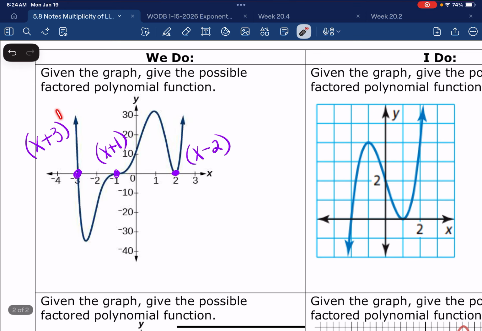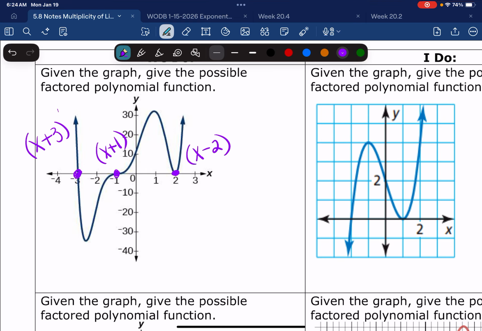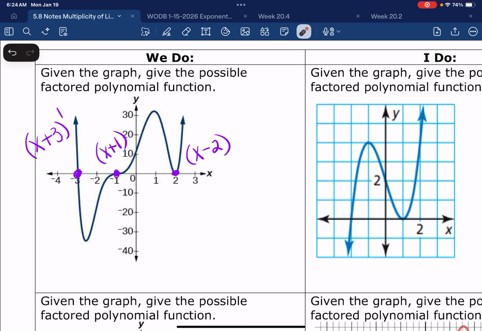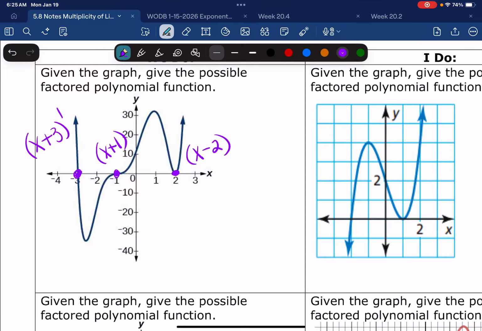So we know it's probably going to be to the first power, so I'm going to write the number 1 right there. Now my second zero right here kind of flattens out a little bit, right? It's still cutting through my x-axis, but because it flattens out some, I know my degree probably needs to be higher than 1. So let's maybe call this to the third power.